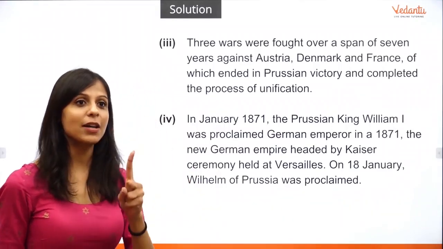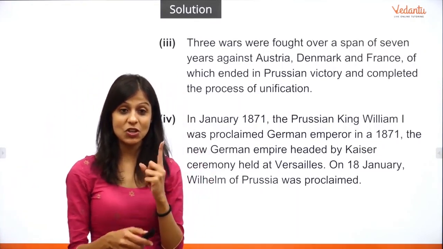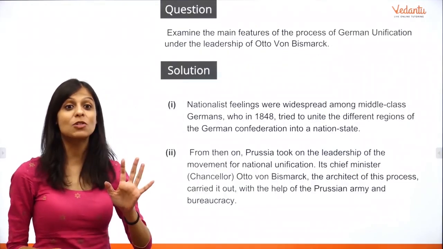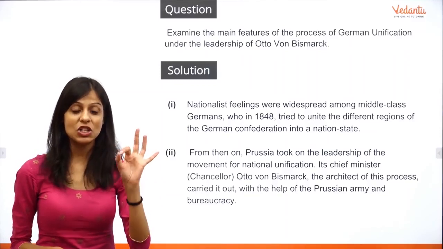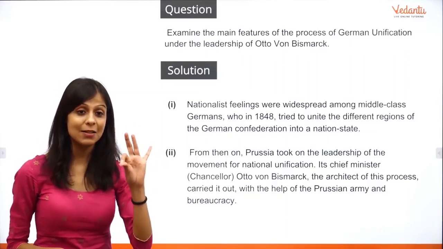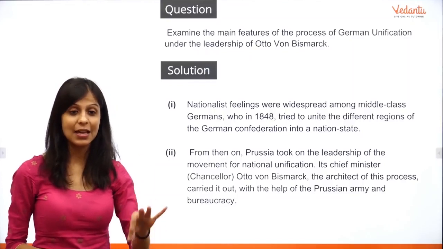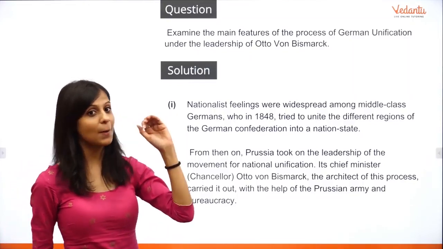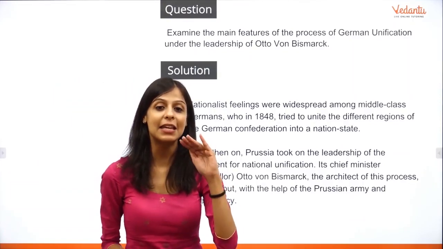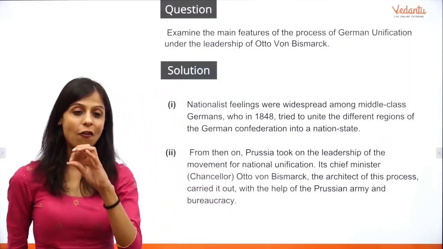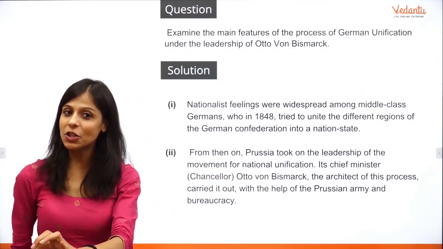So let's go back and revise. When it comes to a 3-mark question, you have to mark these 4 basic points. Give the introduction that Otto von Bismarck is considered the chief architect of German unification.